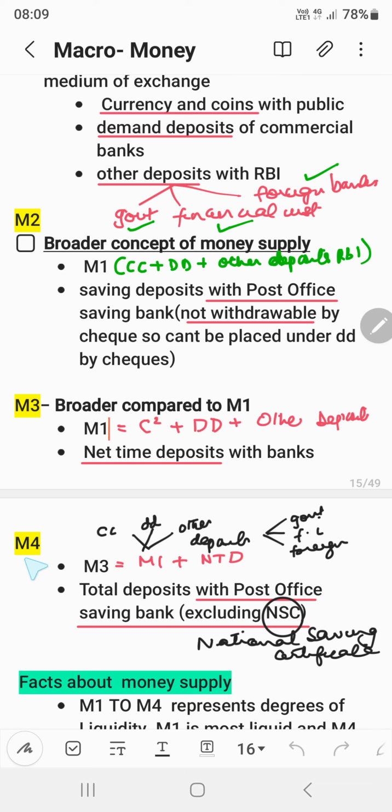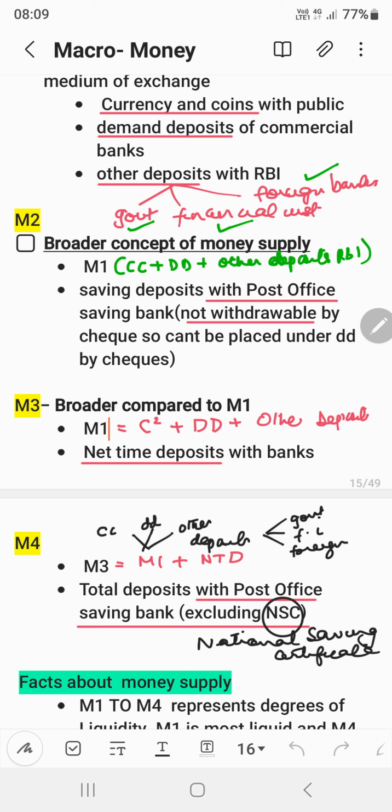Talking about M4 concept of money supply, it is the broadest concept. M3 includes M1 plus net time deposits with the banks. The two components of M4 are M1 plus net time deposits, which is nothing but M3.